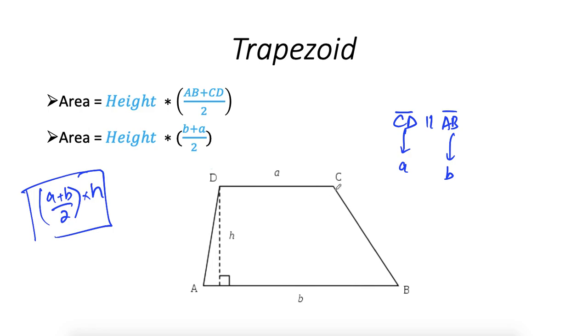In some cases you need to divide this into two triangles and one rectangle. So based on that you can find the area of this, but that will depend on scenario to scenario. There are many other ways to find the area of trapezoid, but in exam most of the time you will see only these two cases. Either you need to divide these into two triangles and one rectangle, or you need to find the area by taking the average of two parallel sides and multiplying that with the height.